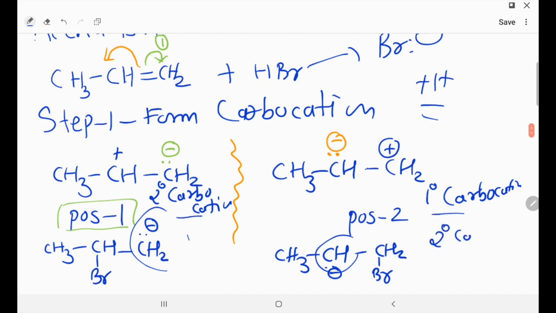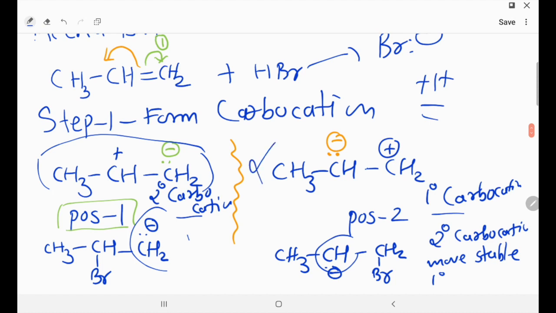As we know, a 2 degree carbocation is more stable compared to 1 degree. Clear? So this cation formation is favorable. This one is not favorable. So your major product will be this one. This is the Markovnikov addition rule.